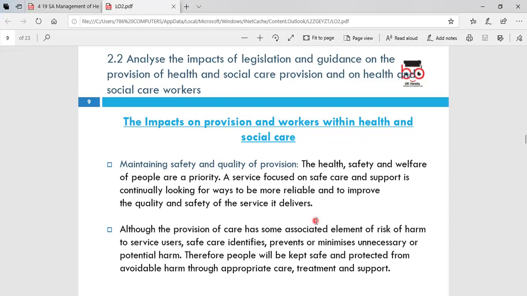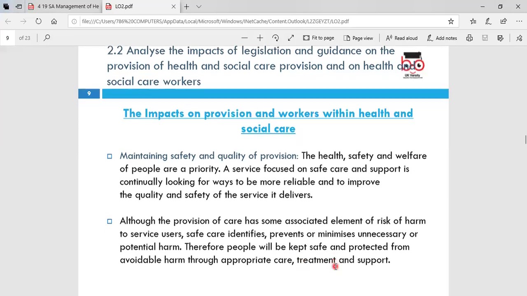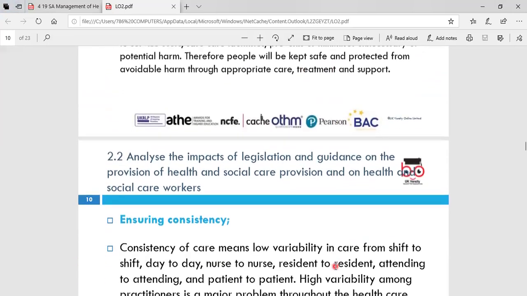There's some harm that you might not be able to predict, but there's harm that you could predict, and based on your research, you try to minimize that harm. People will be kept safe and protected from avoidable harm through appropriate care, treatment, and support. That is your ultimate goal.